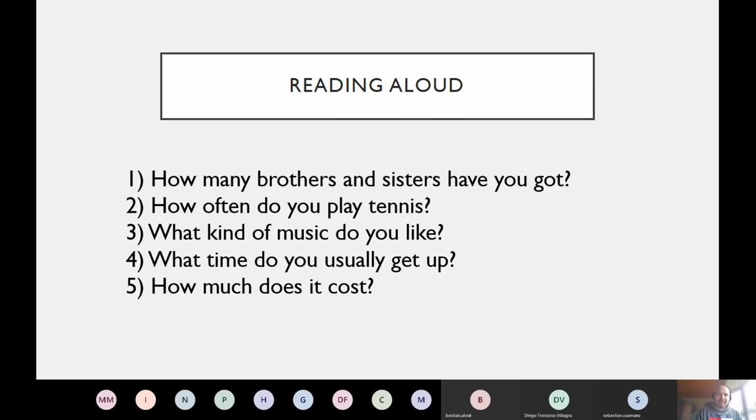So after reading these questions, you may notice that there are some elements that are emphasized and others that are not, right? You may test the information given in the previous slide. Are all content words emphasized? Are all function words reduced?